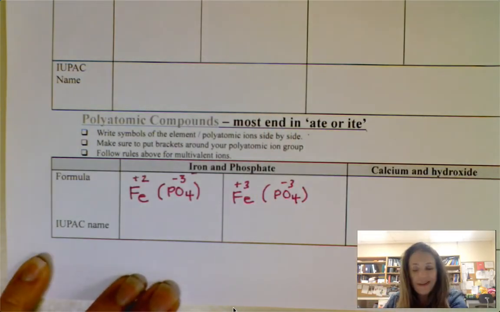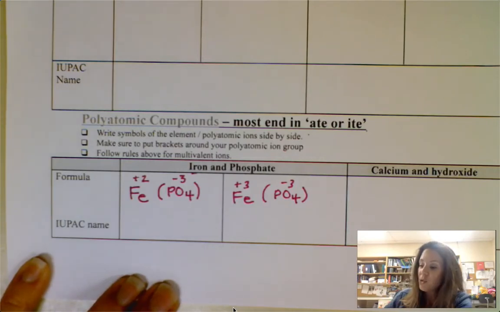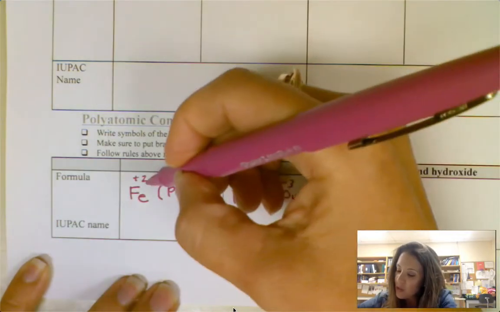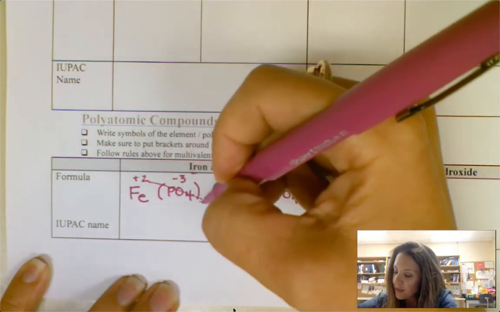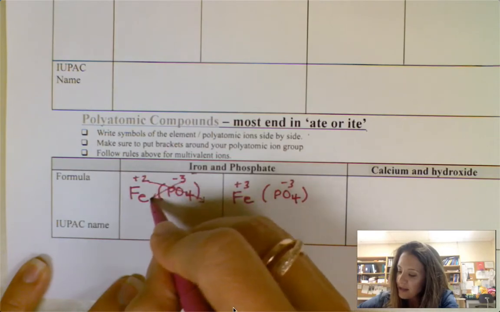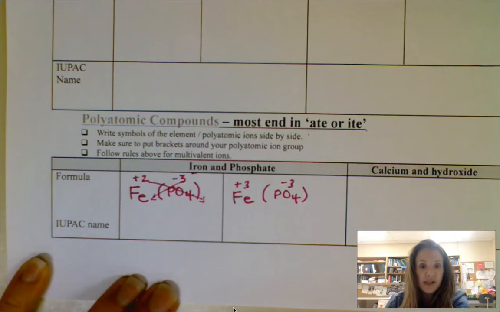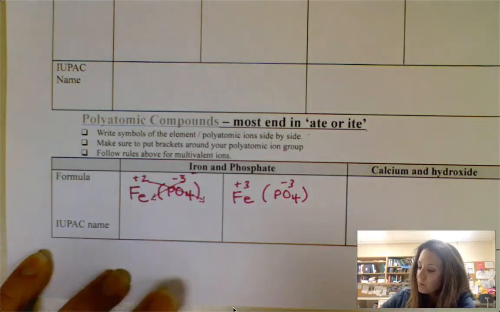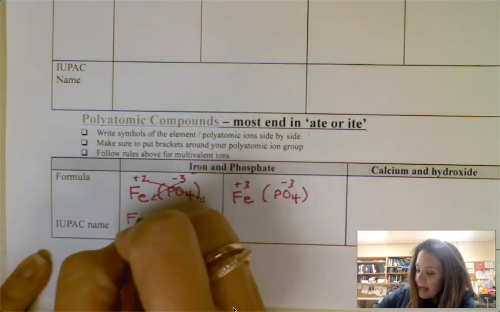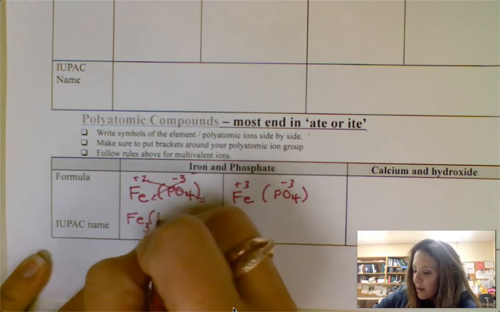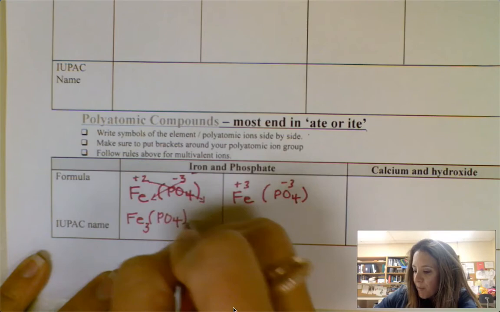We do the same thing that we would do normally. We have to do our crisscross, but the polyatomic ion must go in brackets. We bring this number outside the bracket. Remember that the first atom is always the positive ion, and the polyatomic here happens to be the negative ion. So we get Fe bracket, oops, we want to put a 3 there, bracket PO4 bracket 2.